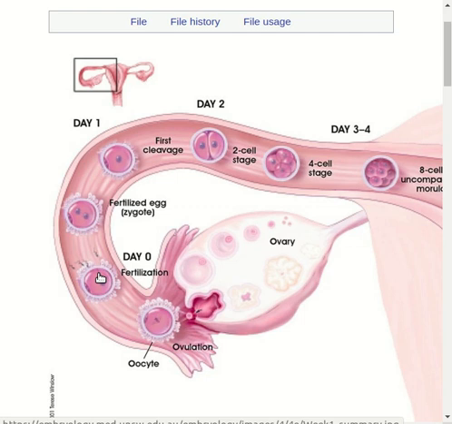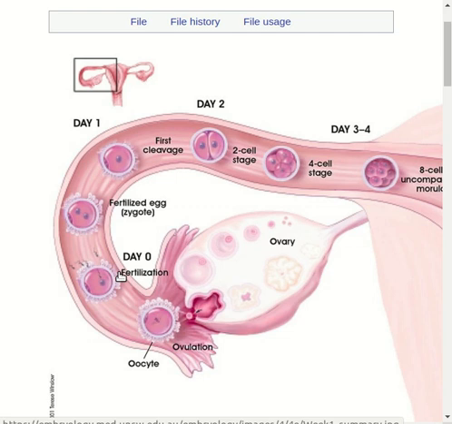These divisions are not accompanied by cell growth. So they subdivide, as you can see, the large zygote into many smaller daughter cells. They're called blastomeres. Once cleavage begins, the cells double in number with each division.